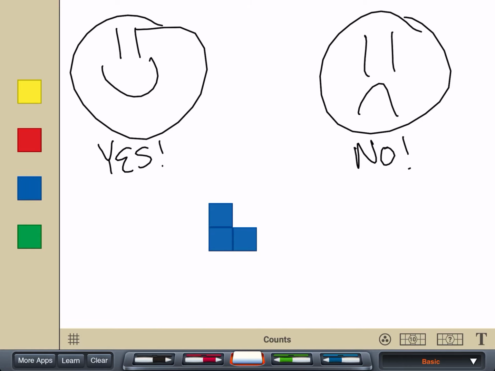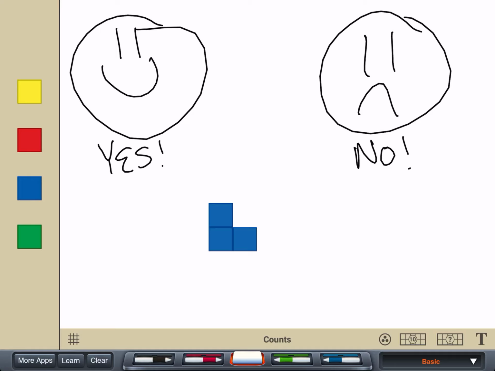Is this a perfect square? Yes or no? If you said no, you are correct.